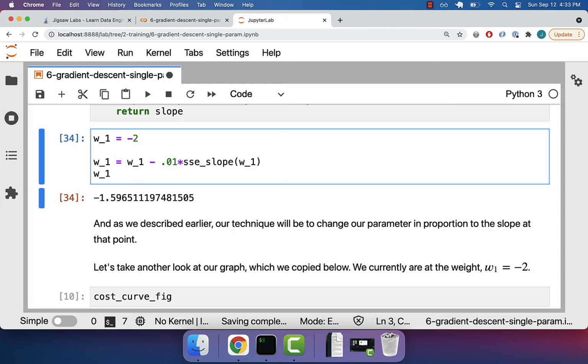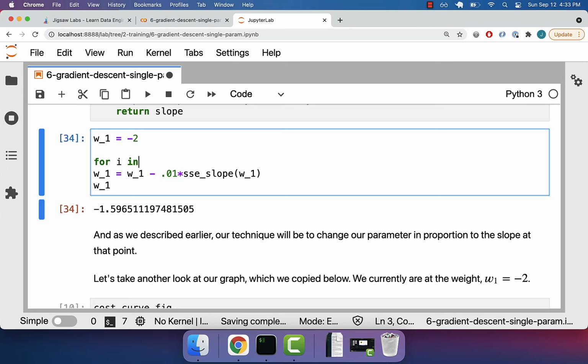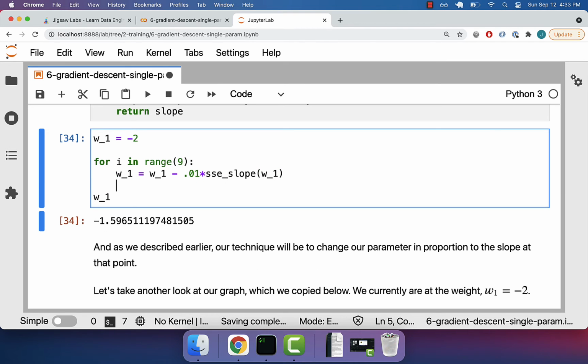So we start at W1 equals -2, and then our new W1 is going to be our old W1 minus 0.01 times the slope at that value. And instead of just doing this once, let's try this like 10 times. For i in range(10), I think that does it 10 times. We will do this, and let's print out the W1 each time, and then we'll see the end result.